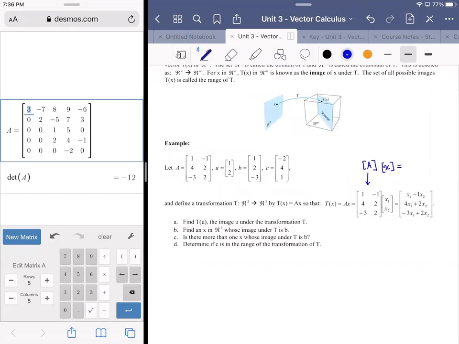So this is actually going to be the transformation vector in this case, T of x. So this is the transformation vector.